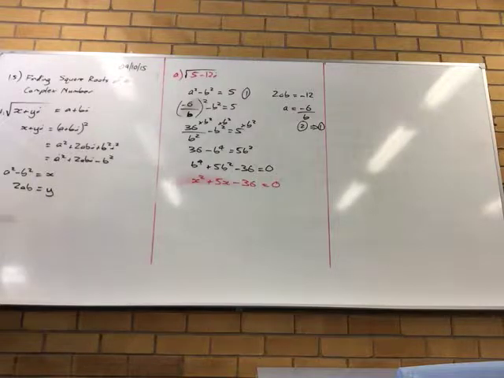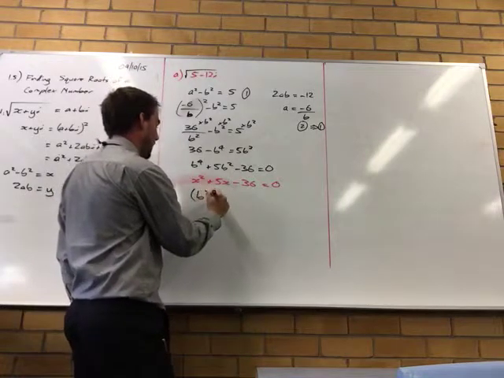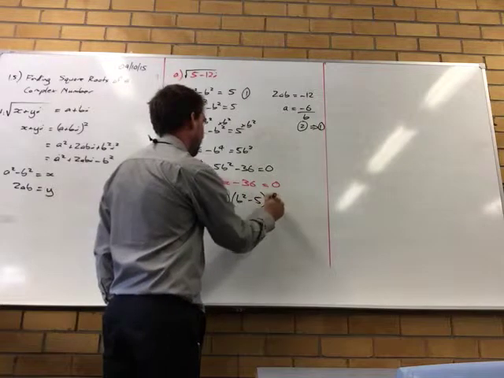Isn't 9 times 4 is 36? What's 9 take away 4? Alright, so b squared plus 9, b squared take away 4.